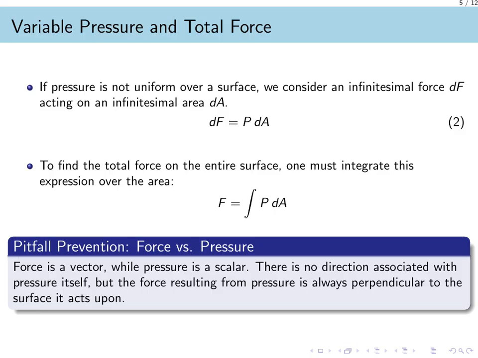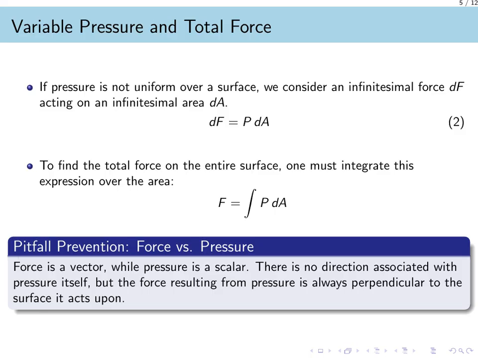To find the total force on the entire surface, we must sum up all these tiny force elements by integrating. Therefore, the total force F is the integral of P dA over the surface. For example, the force on a dam is calculated this way because water pressure increases with depth.